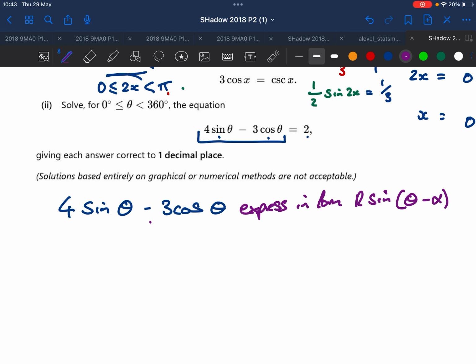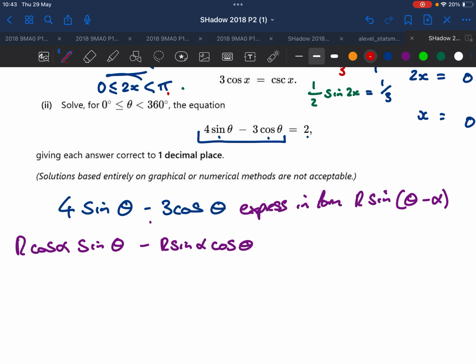So let's do that first. So if I'm doing r sine theta, so r, I'm going to write it as r cos alpha sine theta minus r sine alpha cos theta. So why am I doing it like this?